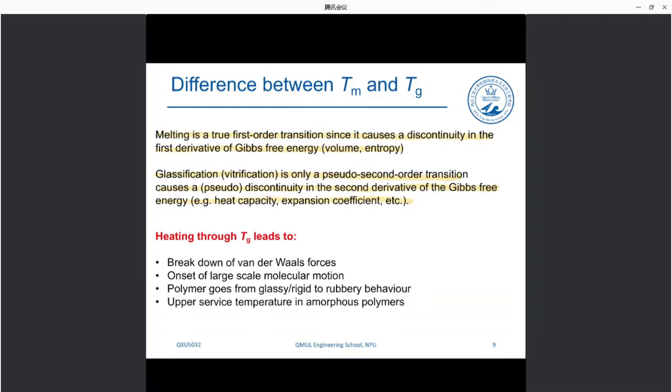That is mostly for semi-crystalline polymers, but generally what happens when we heat through the glass transition. So heating through the glass transition gives us 4 important results, okay? Firstly, we break down the van der Waals forces. Any van der Waals forces between different chains in a polymer, they're broken, okay?